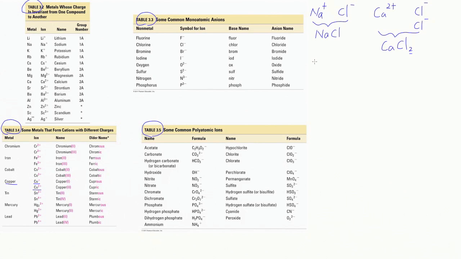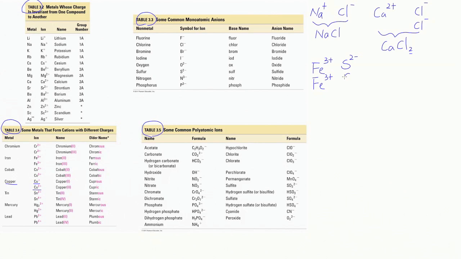Alright, let's see this example. The iron 3 plus and the sulfide S2 minus. Now again, if you combine these two ions together, the charge won't be balanced. So let's try to balance the charge. If you have 2 iron 3 plus, then total you would have 6 positive charges.